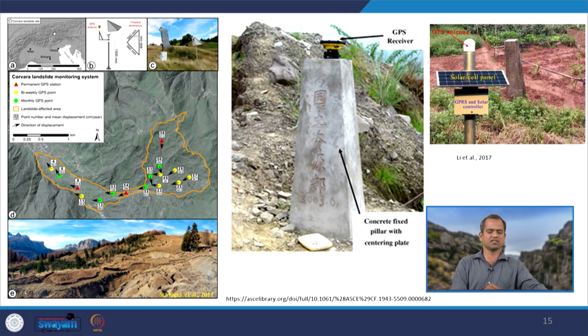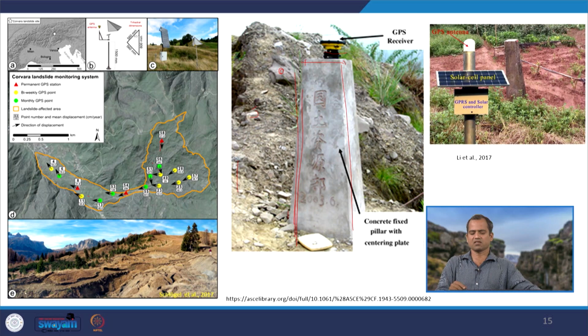In these landslides, the GPS stations are installed on a concrete structure, because you cannot put a GPS on a boulder which can topple down and roll into the valley. So, that is why on the landslide area where a GPS station should be established, a very small concrete station is created, on which the GPS is placed.